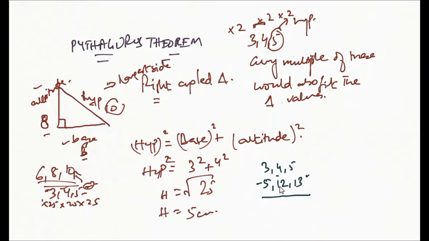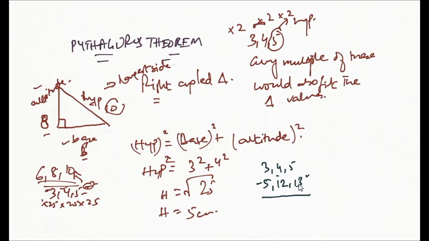So the first ones are 3, 4, and 5. And the other is 5, 12, and 13.